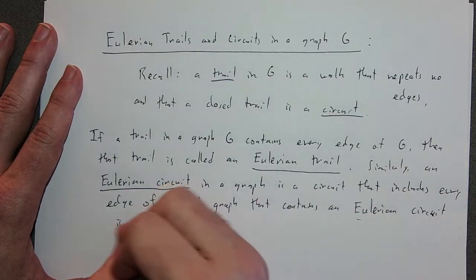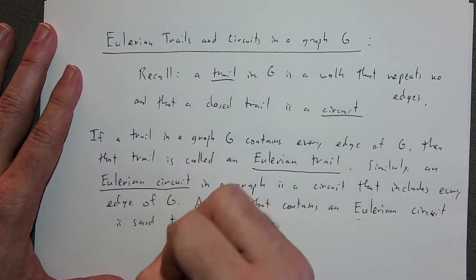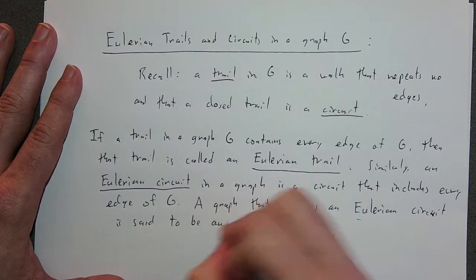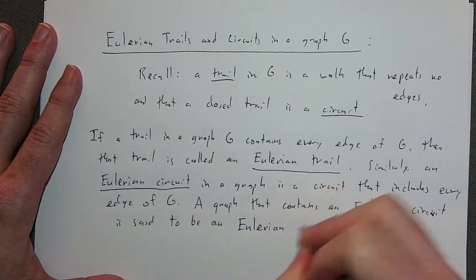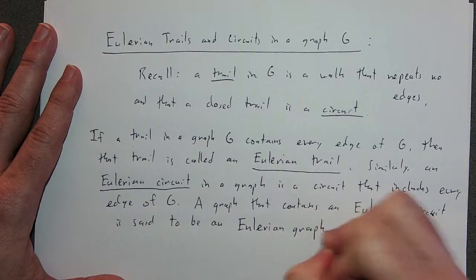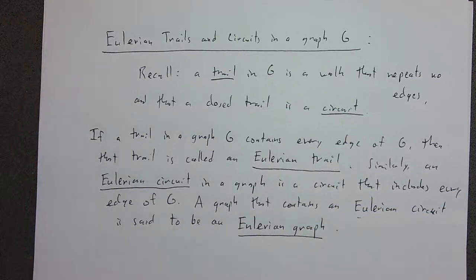Can you see the analogy here with our perfect route from the Koenigsberg bridge problem corresponding to an Eulerian circuit of a graph?